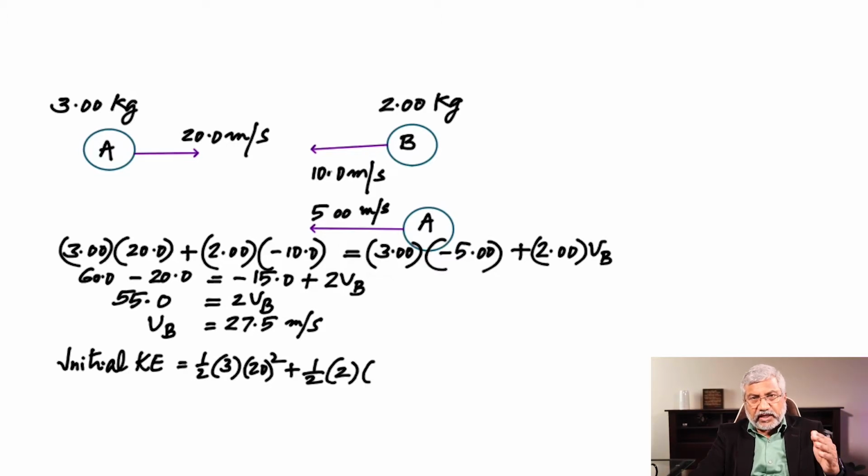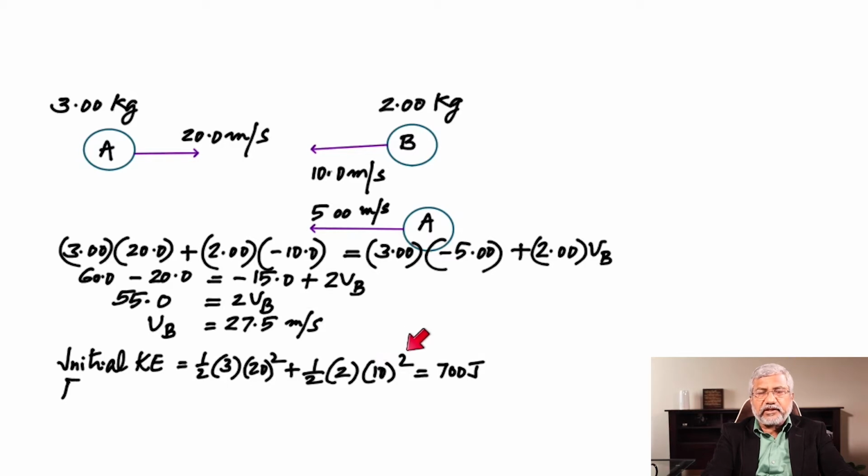So you got 1/2 times 3 times 20 squared plus 1/2 times 2 times... See, I didn't put negative 10 there because it's not going to make a difference. You put a negative and square it, it's going to become positive. So you do that, you get the total initial kinetic energy as 700 joules.